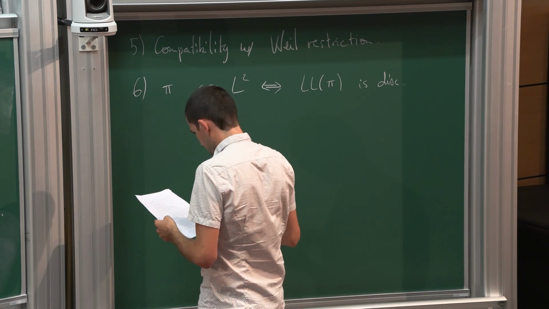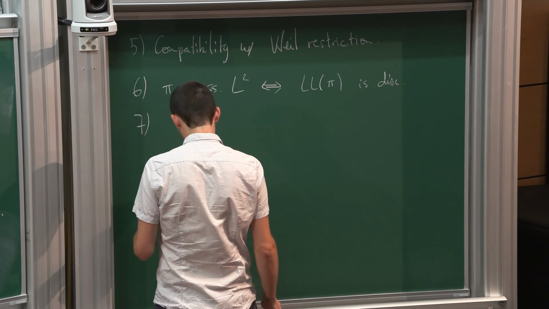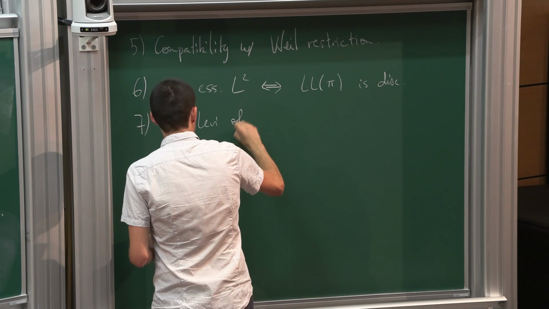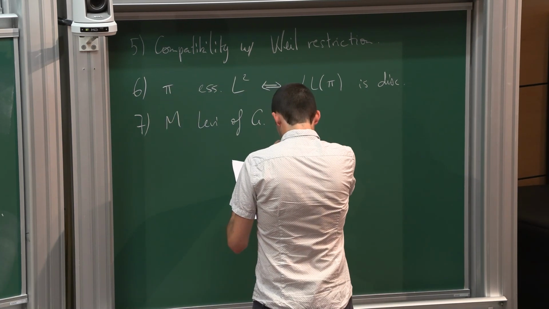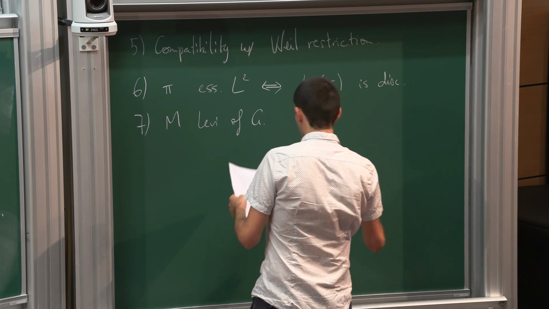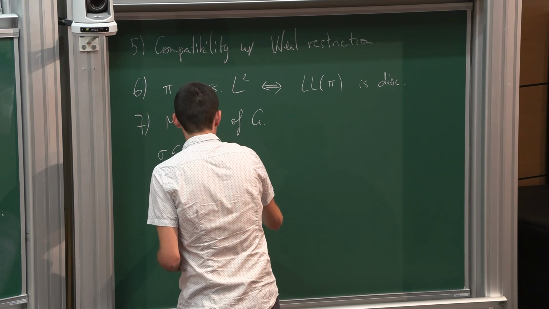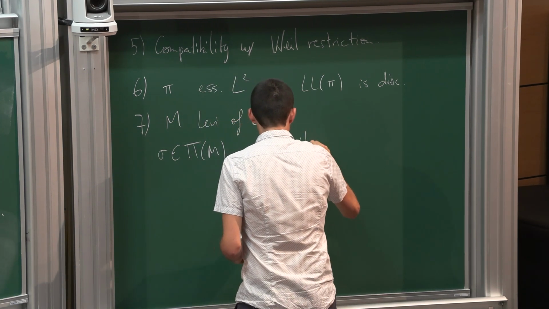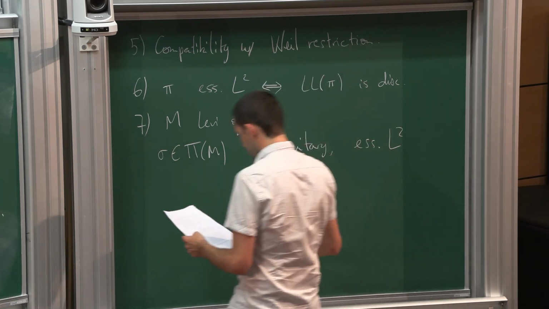And then we have compatibility with our reductions. Take M a Levi of G, and sigma a representation of M with a unitary central character and essentially square integrable.